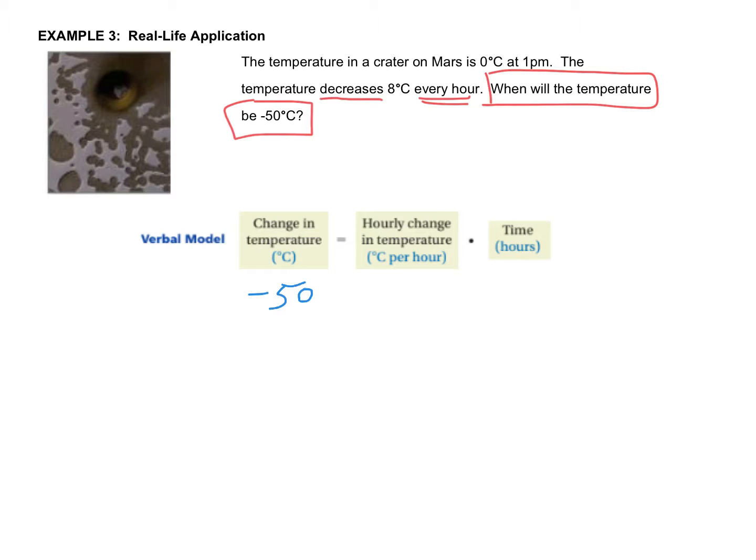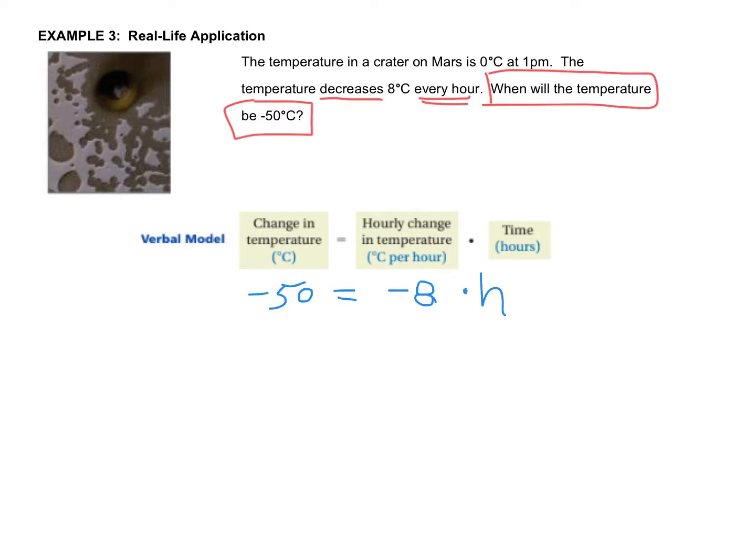Then I would look at, it is changing 8 degrees every hour. So the hourly rate of change of temperature is going also down 8 every hour. What we don't know is for how long. So we're going to say times h. That's the missing number that we're trying to find.